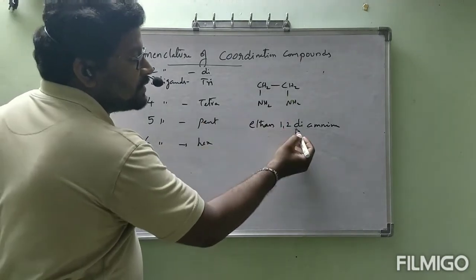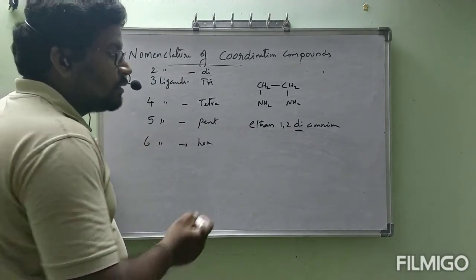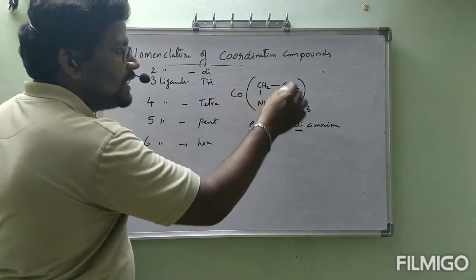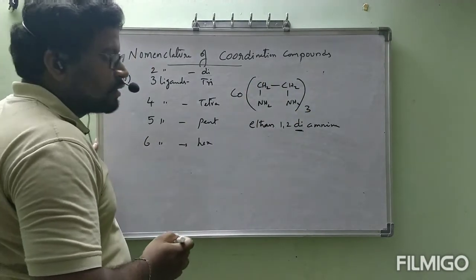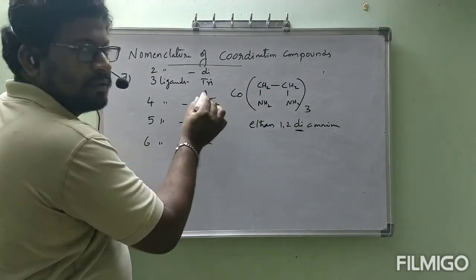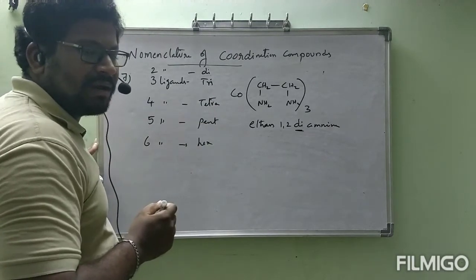That ligand itself has di. Now I took 3 ligands, cobalt, 3 ligands. Inside the name also it is getting di. Outside 3, tri. If you write like that itself, it will be a little bit of confusion. Correct or not?